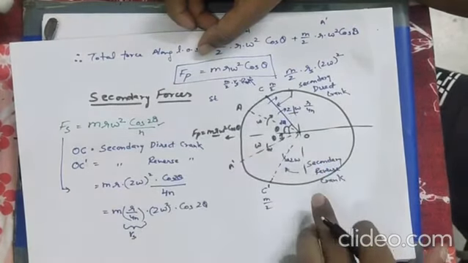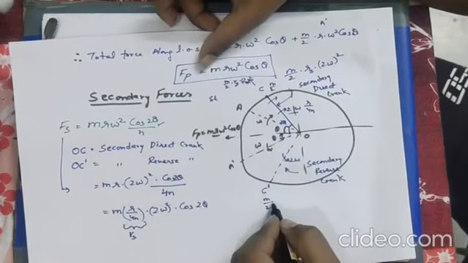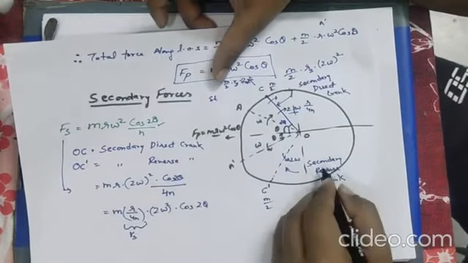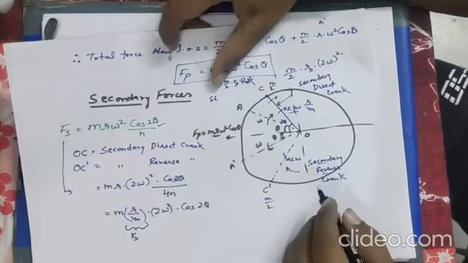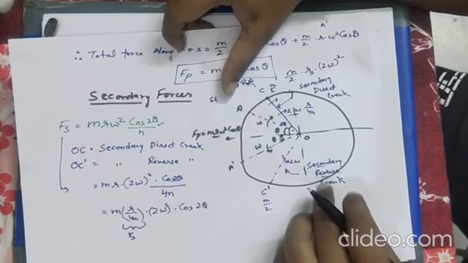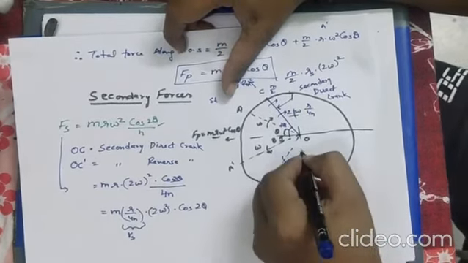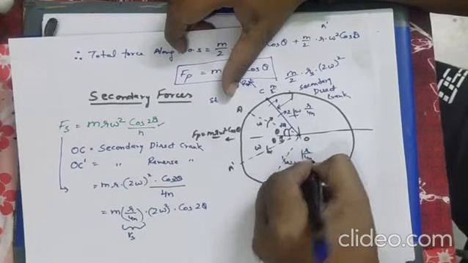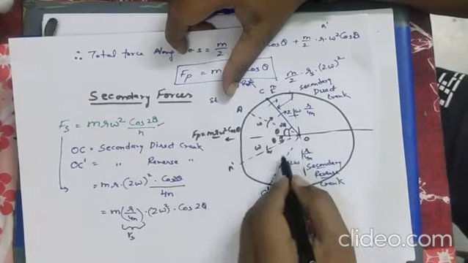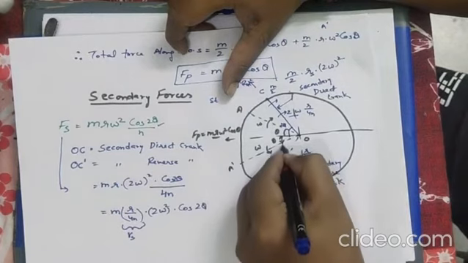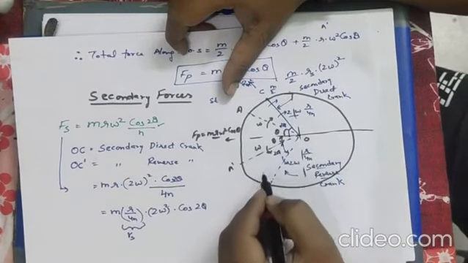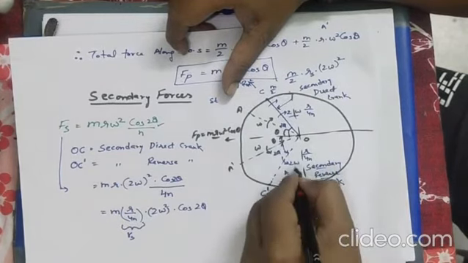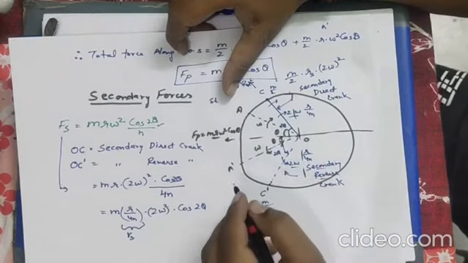In the same way, a mass of m by 2 placed at the end of reverse secondary crank of length, how much? R upon 4n at an angle of negative 2 theta, rotating with angular speed 2 omega in the opposite direction.